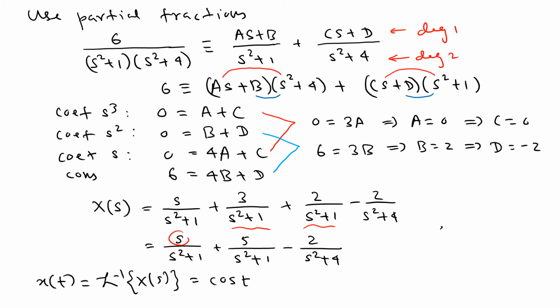The next one doesn't have s there, so that's a sine, and with the 5, it becomes 5 sine t minus. Then you can see that omega equals 2 in this case, exactly as up there, so this is simply going to be sine 2t. Perfect.